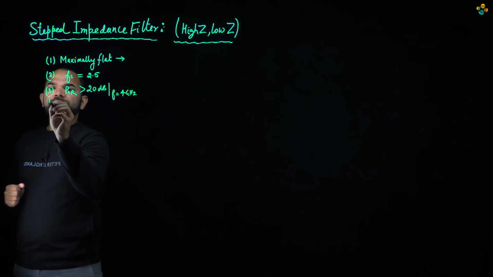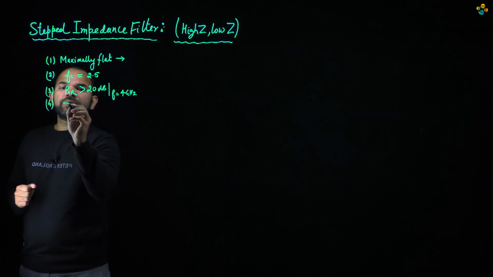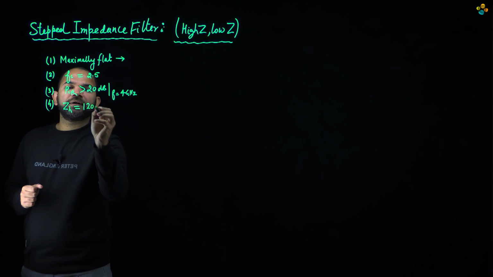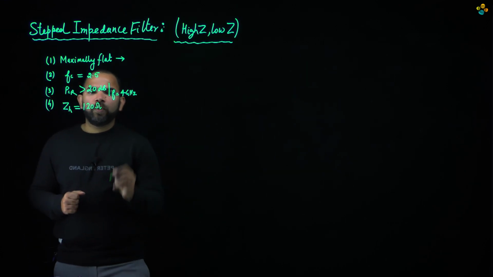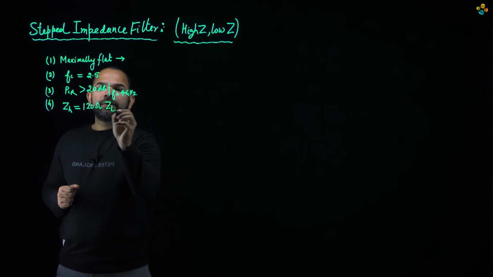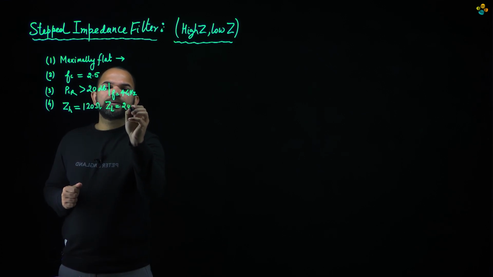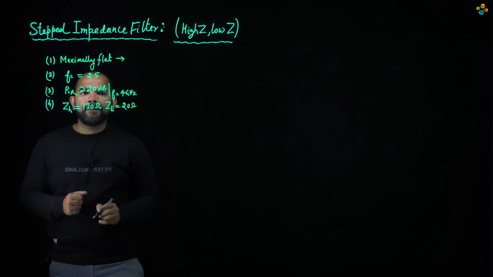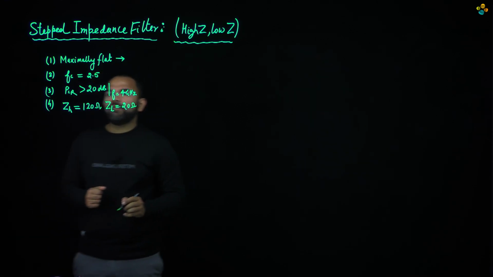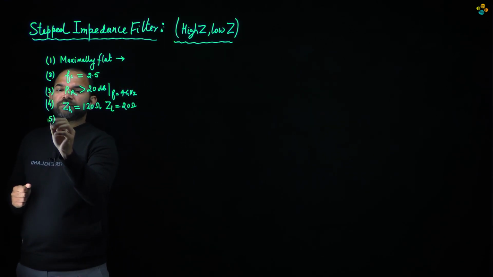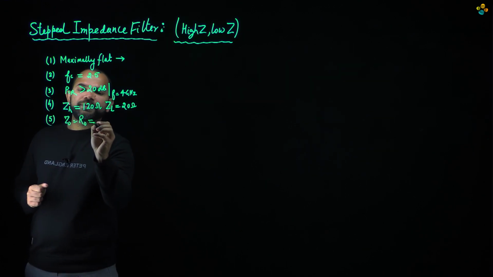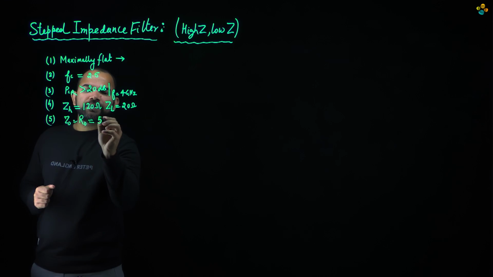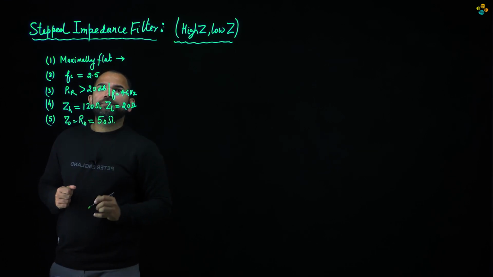The fourth important thing given in this problem is that the practical high impedance line could be designed for a value of 120 ohm, while the lowest characteristic impedance we can realize is 20 ohm. And we have also been given the system impedance, sometimes also known as R0, as 50 ohm.